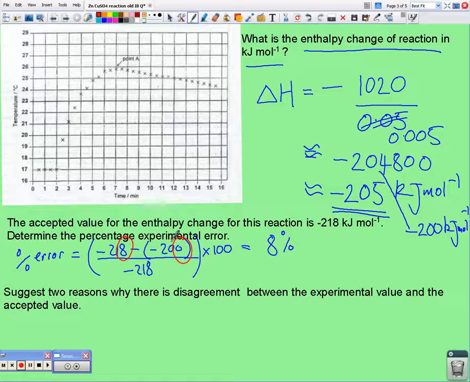Okay, now suggest reasons, it says 2 reasons, why there's a disagreement between the experimental value and the accepted value. And there's all kinds of things. Of course, the major error is the heat lost to the surroundings.